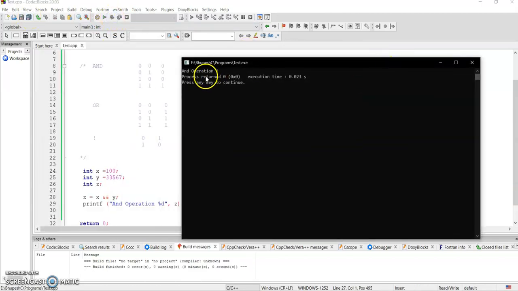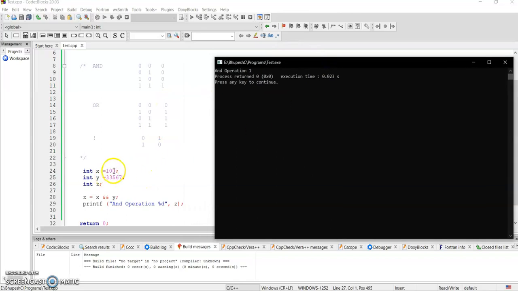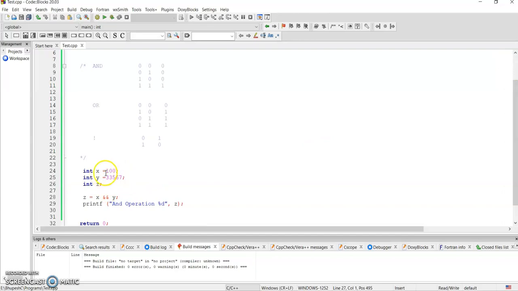Again, the AND operation is 1. So what we have observed here is that any value which is not 0, any positive non-zero value, gives an AND operation equal to 1, which means it is considering both as true values.